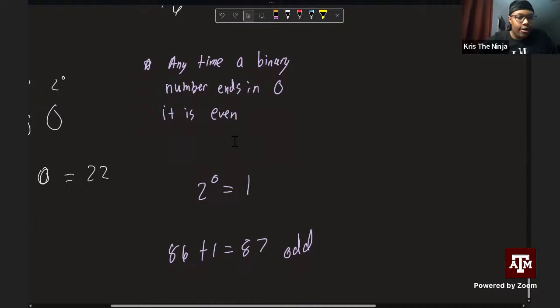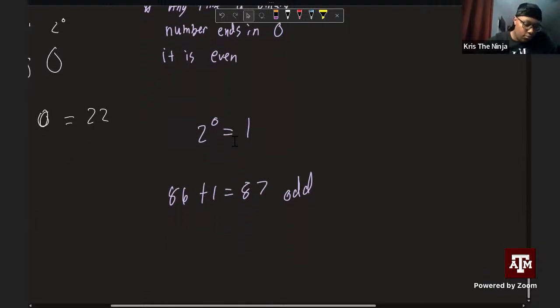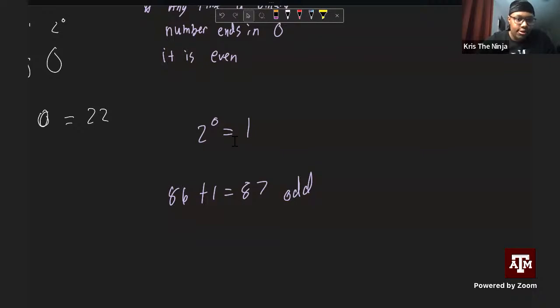But any even number plus another even number is still an even number. It's just how math works. I don't think anyone has any questions about this.